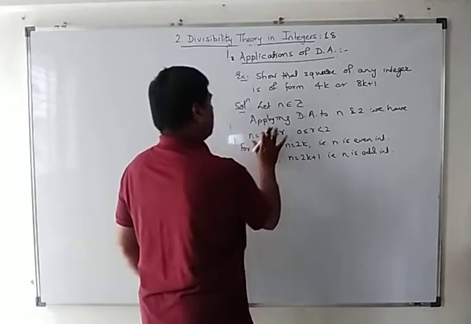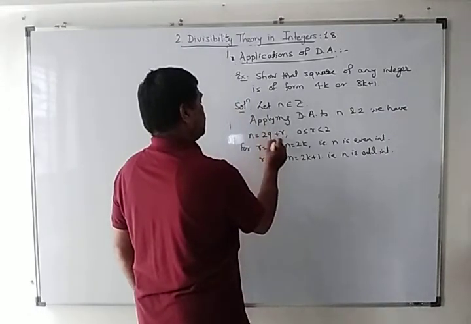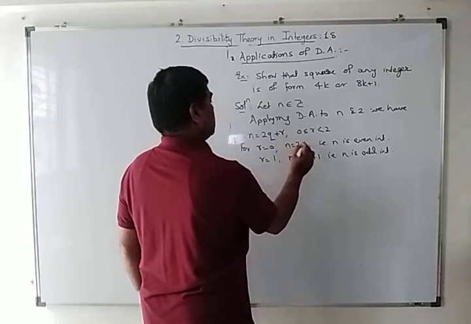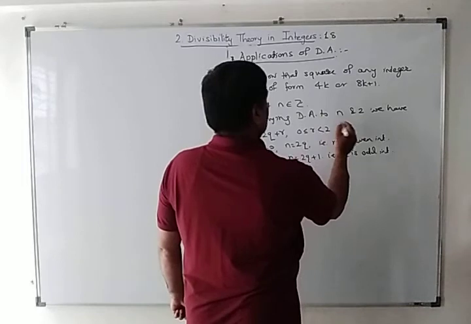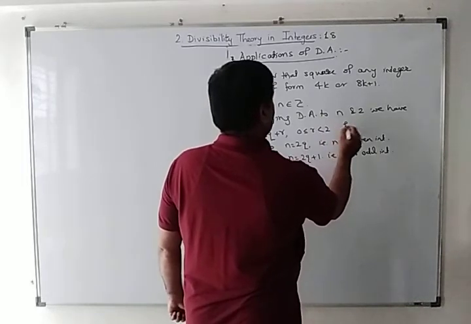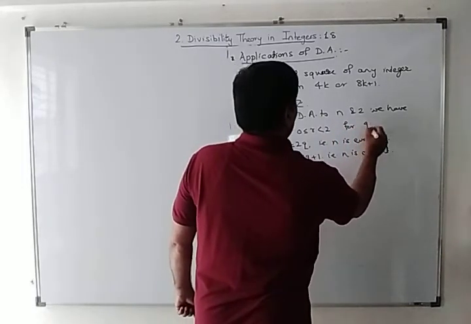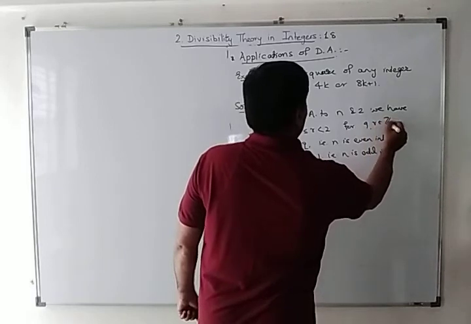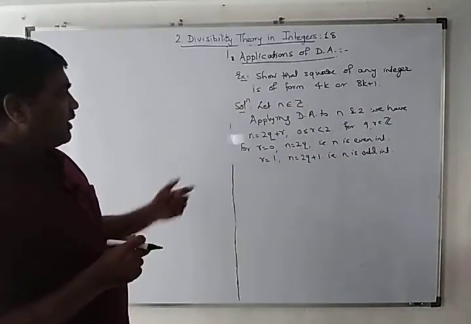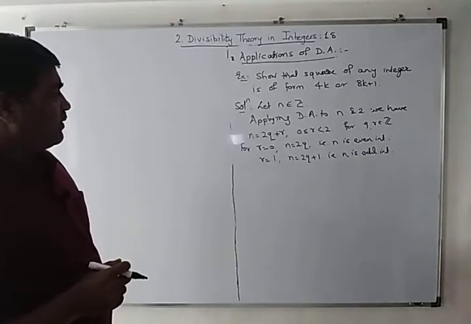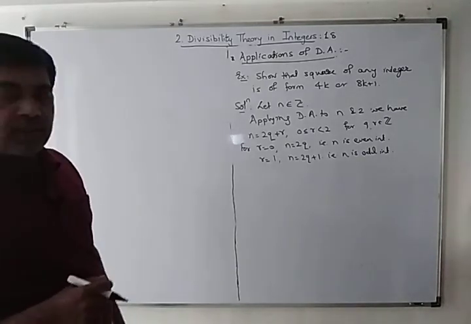Here we'll take n equal to 2q plus r, for some q, r belongs to Z, that depend on n and 2.